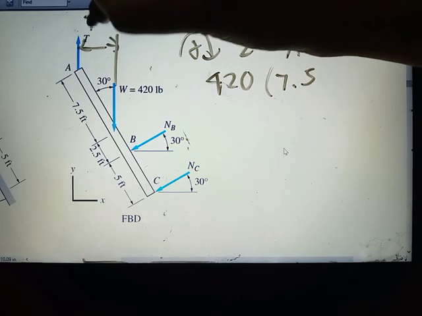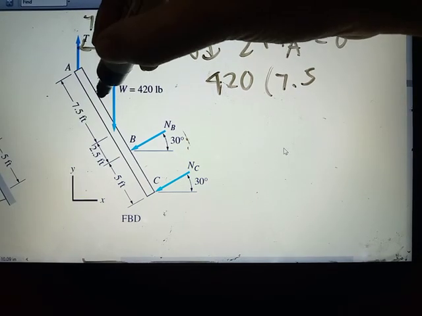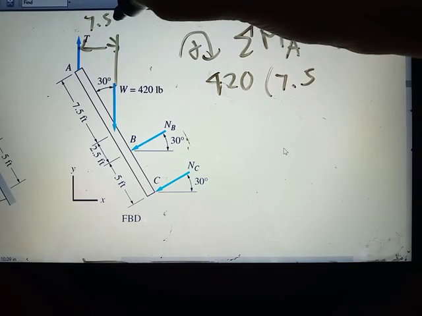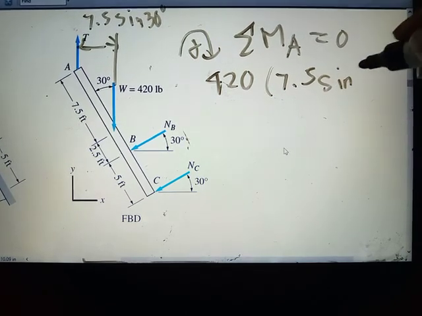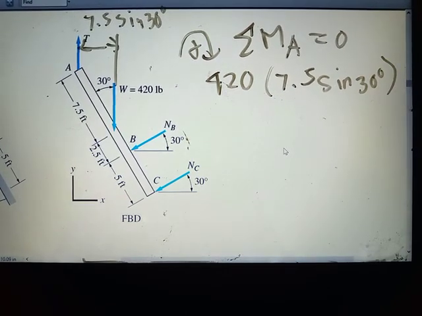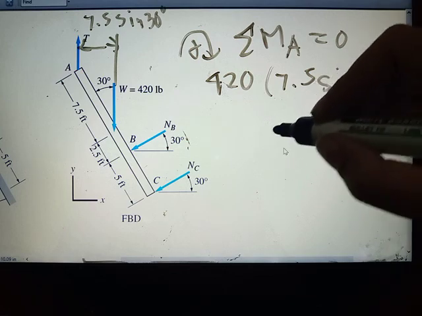So this will be 7.5, and its opposite is the angle, so sine 30 degrees. So, 7.5 sine 30 degrees, and then multiplied by NB.